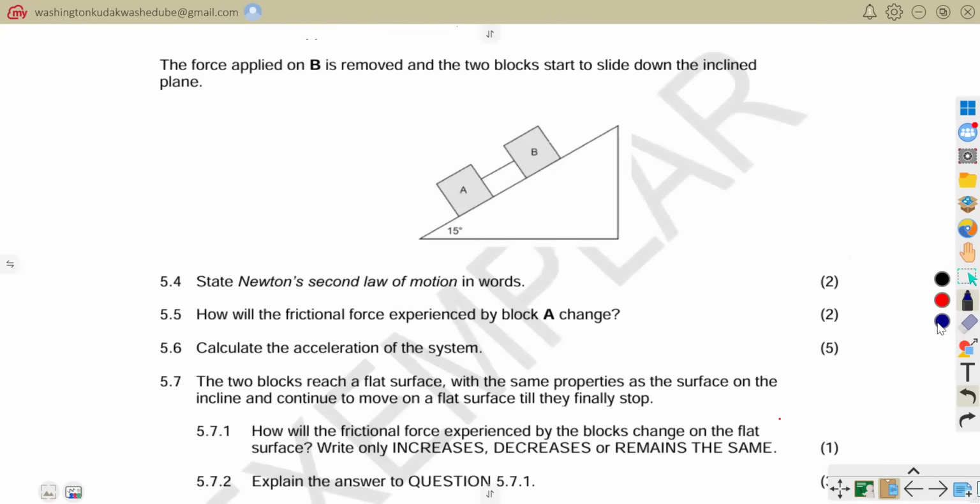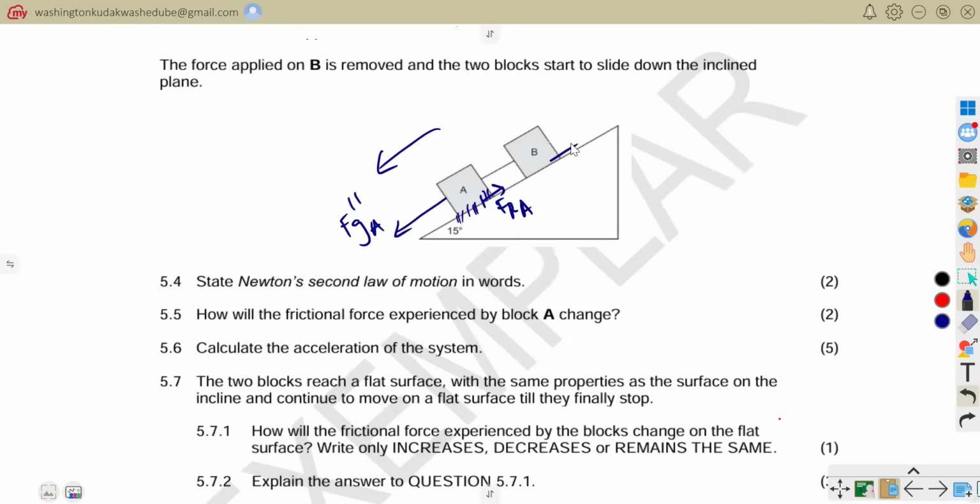Now they are saying the force applied on B is removed. So this force that was acting up is now being removed. When it's removed, the two blocks start to slide down. It simply means that now we have Fg parallel of A going down. And then the frictional force on A would be going up, because frictional force always opposes the motion of the object.